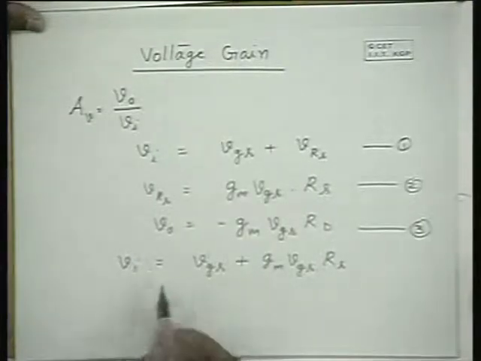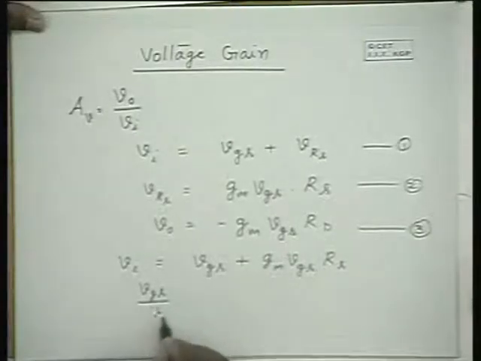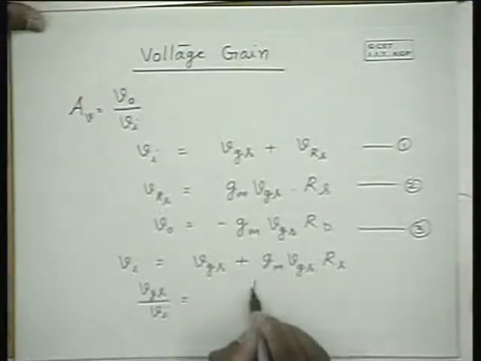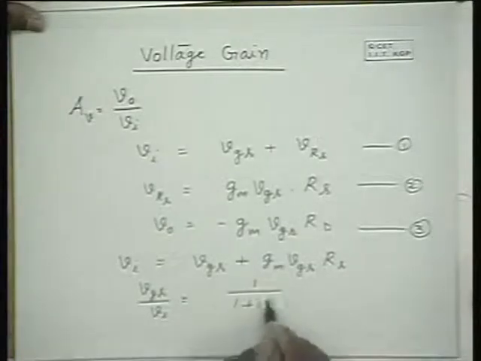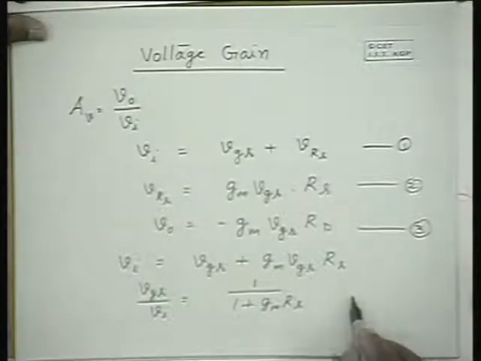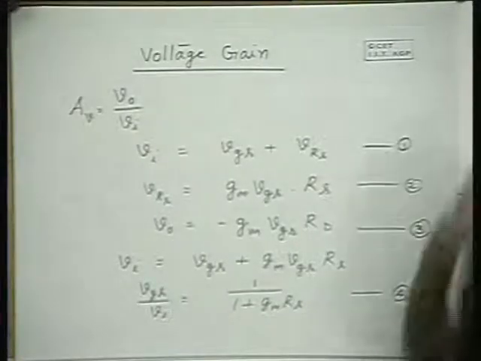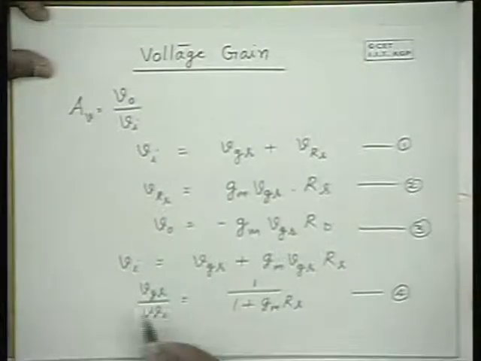Therefore, you will get a ratio between VGS and Vi. So the VGS to Vi ratio is 1 by 1 plus GM into RS. Now substitute this in equation 3, and from there you will get the expression for the voltage gain.